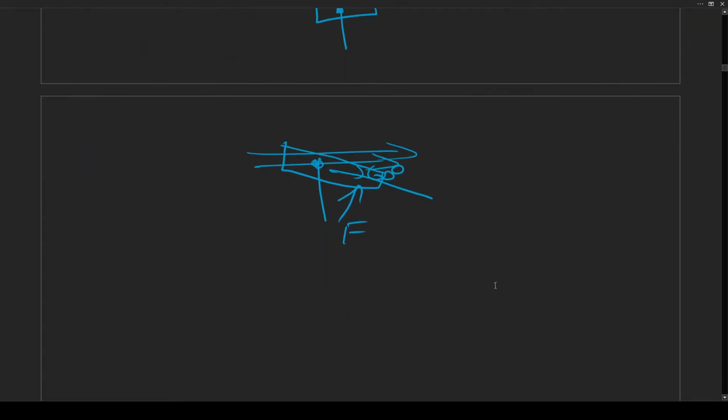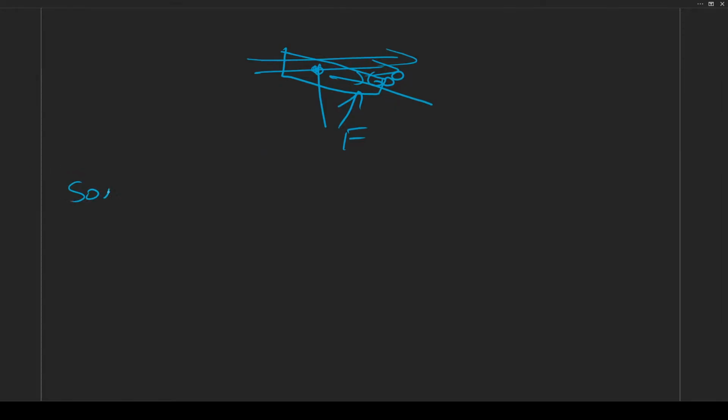So here we can say torque, that is mB sin theta, or sin 60 degrees, is equal to force times perpendicular distance, or basically F r sin theta.